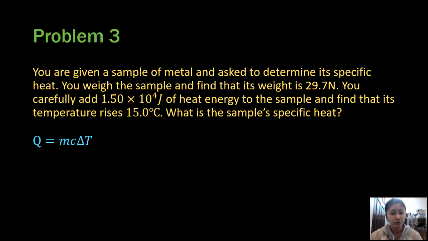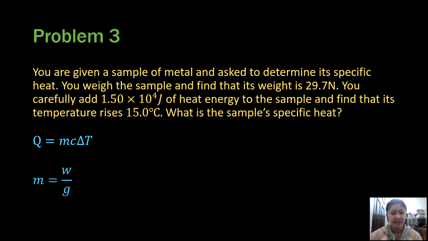So Q is equal to the mass times the specific heat multiplied by the change in temperature. And we know that the mass is weight divided by the acceleration of gravity.